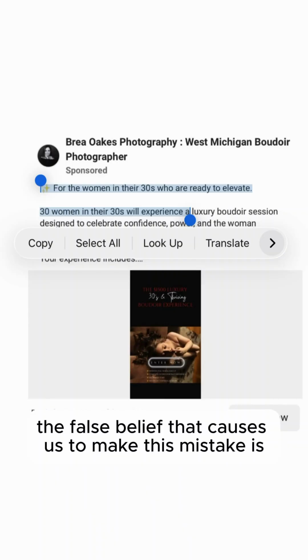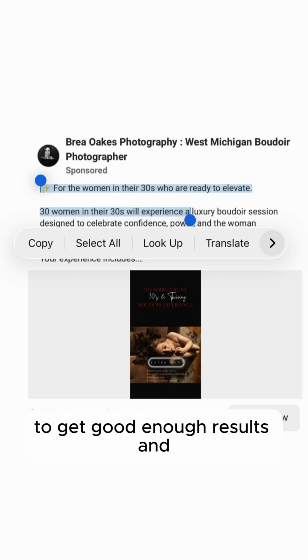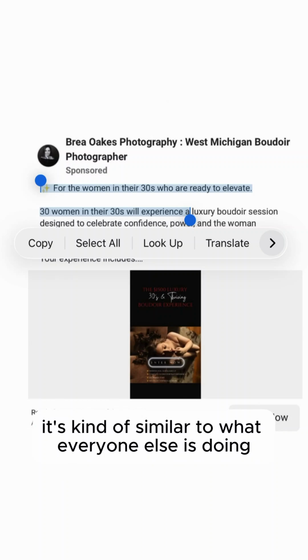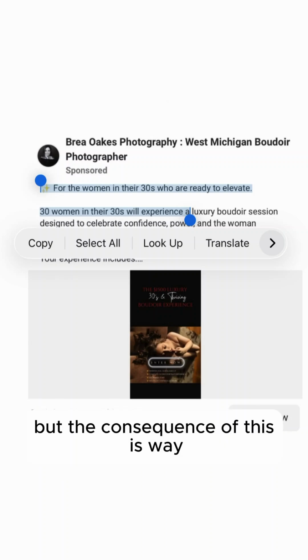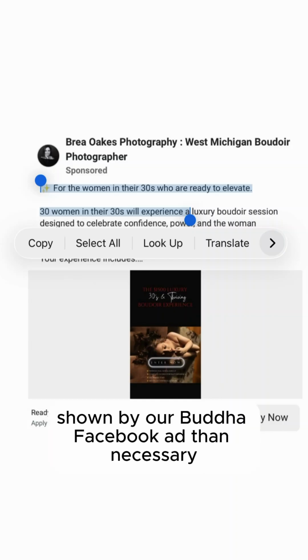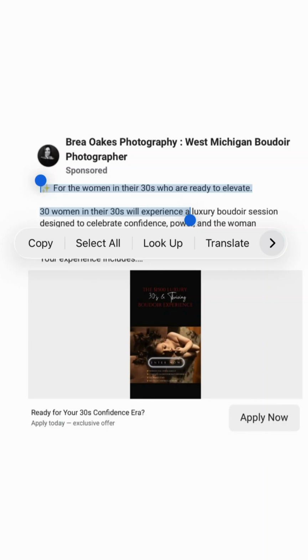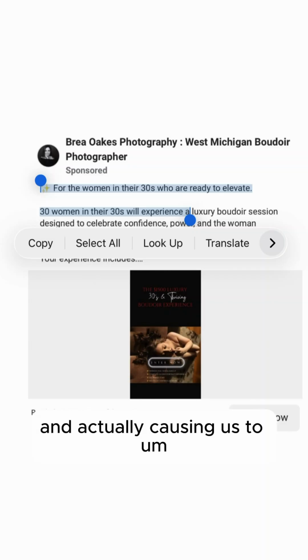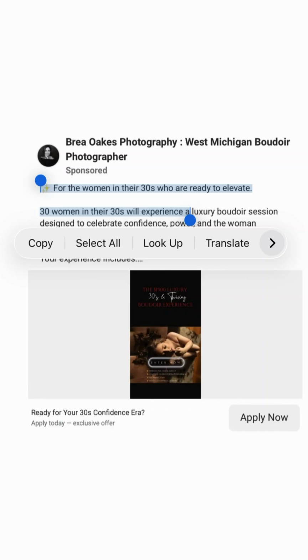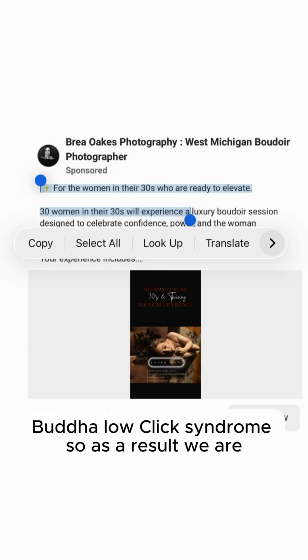The false belief that causes us to make this mistake is we believe we provide a good enough headline to get good enough results, and it's kind of similar to what everyone else is doing. But the consequence of this is way more women scrolling by our Boudoir Facebook ad than necessary, pulling our unique CTRL under 6%, and actually causing us a higher probability of having BLCS, Boudoir low click syndrome.